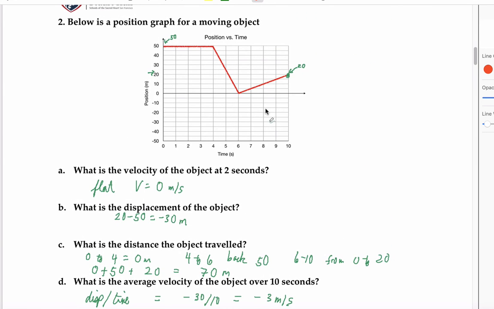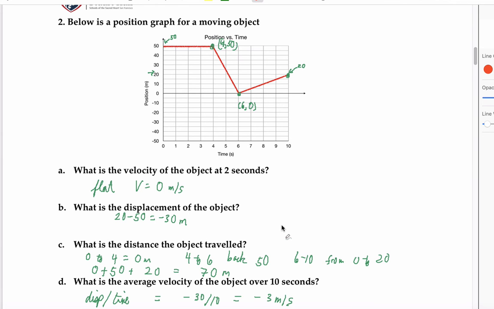Next, here, let's look at the rise over the run. We go from 50 to 0, so this is 6, 0. And we're actually at 4, 50 when we look at our coordinates.